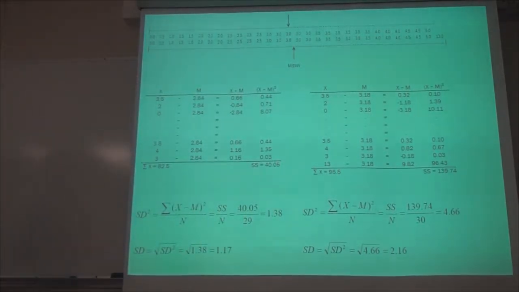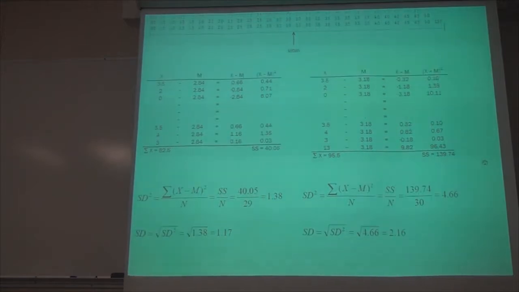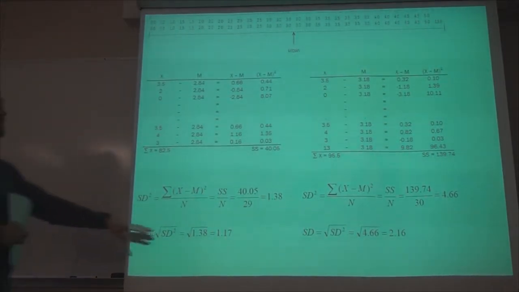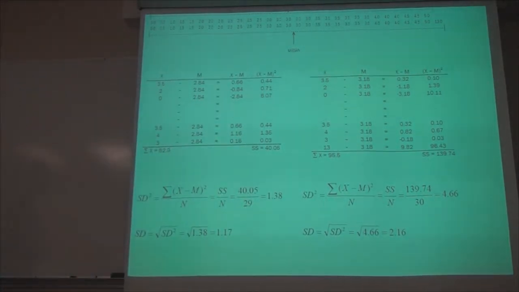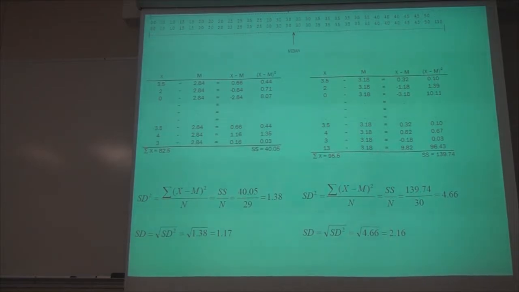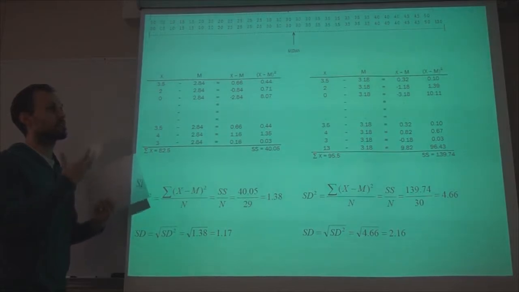If I take the standard deviation, just take the square root so I can interpret it a little bit better, I get these two: 1.17 and 2.16. Does that make sense, that the right-hand side one is more than the left-hand side one? I just added that 13, but that 13 affects the distribution and the information, the property.